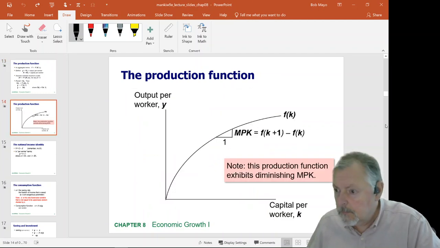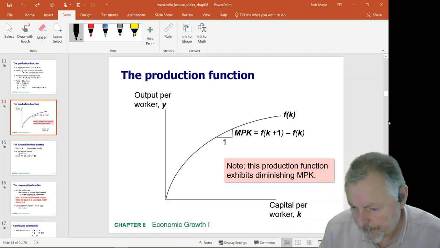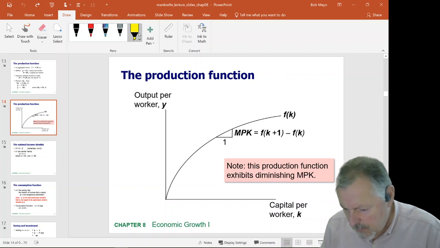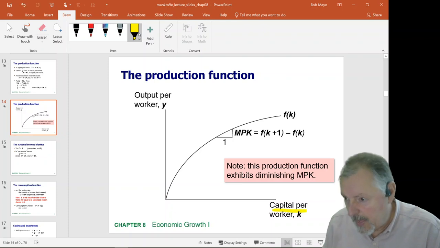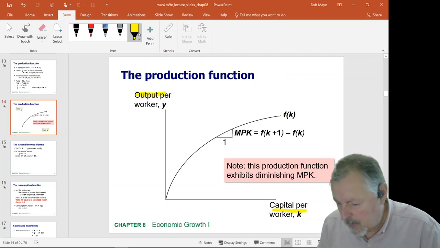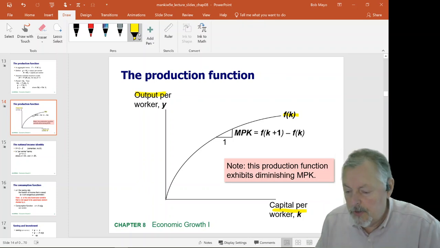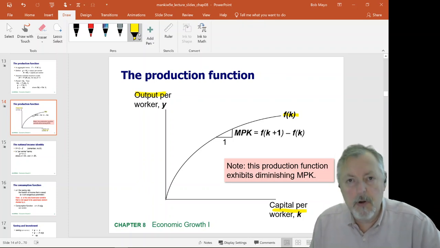Now, this is the production function, capital per worker and output per worker. Output per worker is just a function of capital per worker. Notice, diminishing marginal product.